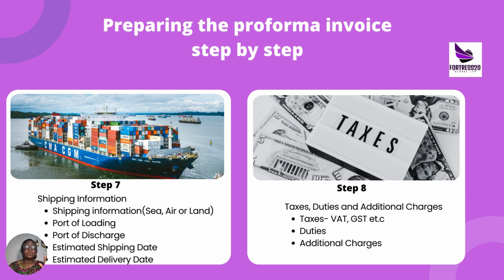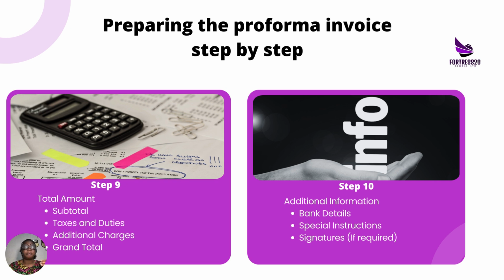Step 8 is to include your taxes. Calculate the estimated taxes due, the duties due, and any other charges that can be incurred. We're on step 9 now of preparing the Proforma invoice. Calculate the total amount payable.